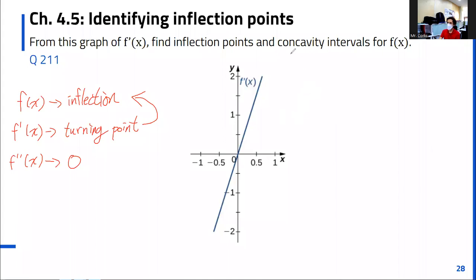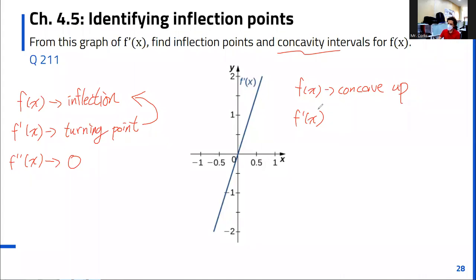If we want to know our concavity intervals, where are we concave up, concave down? Well, when f of x is, let's say, concave up here, then our first derivative, what is our first derivative doing?